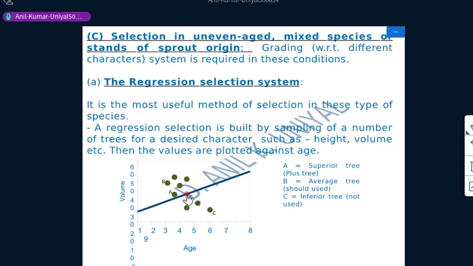Okay, in this graph plotted for this purpose, the A and B categories of trees are selected for the collection of trees under this system.